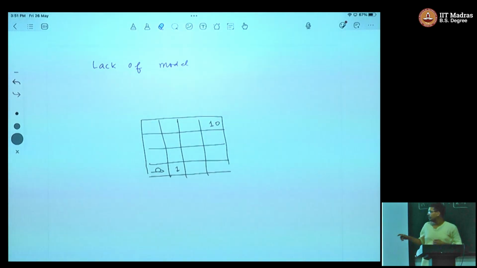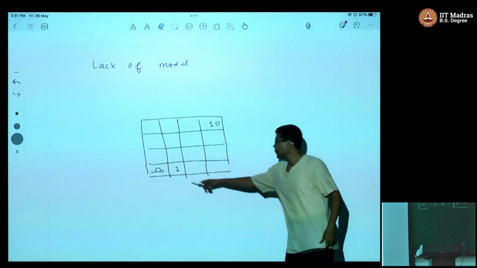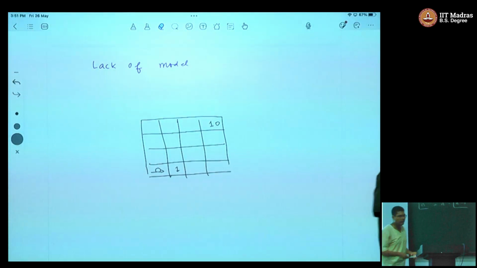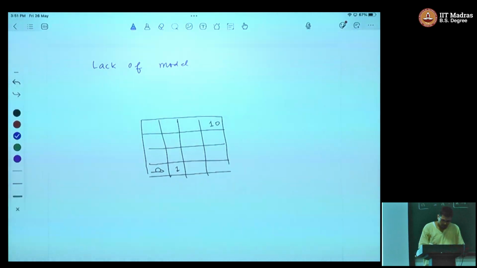Suppose the mice did not know that reward 1 is here, reward 10 is there, maybe there is some danger here, say something like a reward of minus infinity here, maybe somebody has put a poison somewhere. If you go to these places, maybe the mice will die. Suppose it does not know this, how is it going to learn?